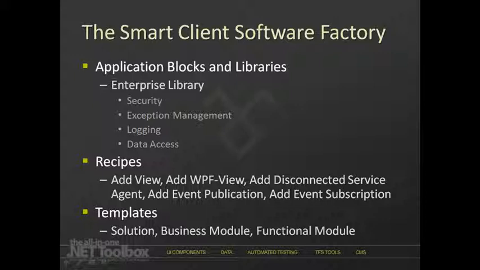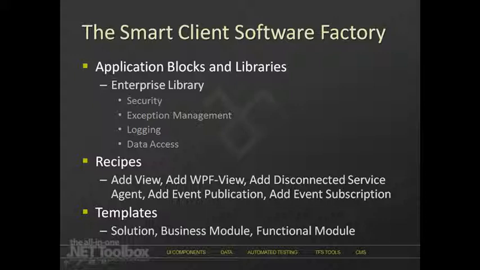Along with that, the Smart Client Software Factory also includes several code generation recipes. These include code generation recipes for adding views, WPF views, disconnected service agents, event publications, and event subscriptions.